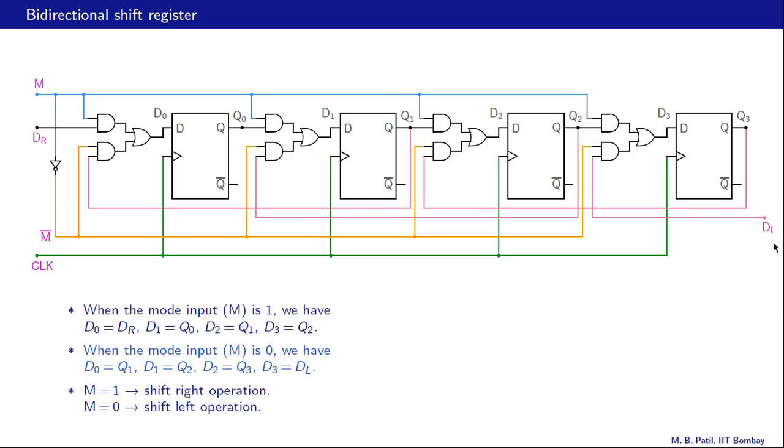So that is the connection that we are talking about now, and with an active clock edge, this DL gets loaded into this flip-flop. Whatever was Q3 will now come here, whatever was Q2 will now come here, and so on. So in summary, with M equal to 1, we have the shift right operation, and with M equal to 0, we have the shift left operation.